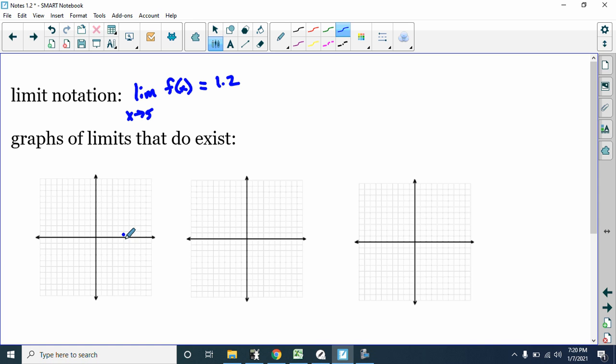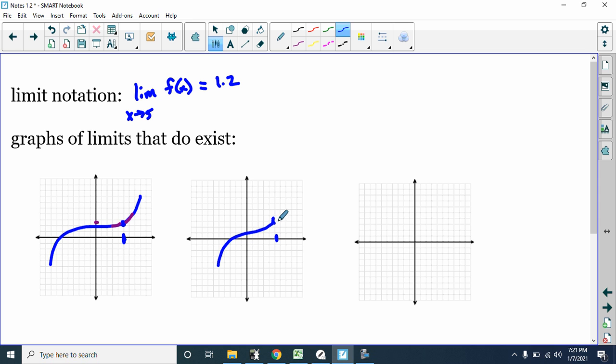So there's lots of different ways that a graph could have a limit. And the first is if it just passes through that point. A limit is what's happening close to the x value. So as I get close to this value on this side and this side, I'm getting close to some y value over here. So this limit exists. This one would also exist.